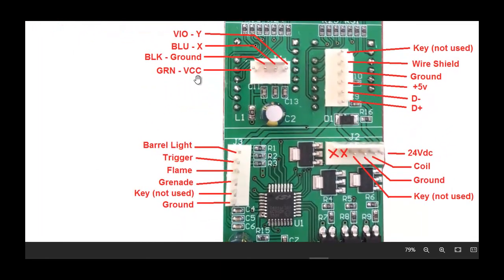This is the board for the new gun. You see it. If you have this board, you have to connect like that. This is for the shock coil. We need 24 volt.